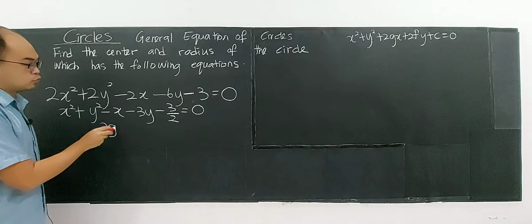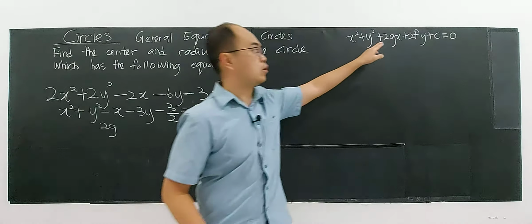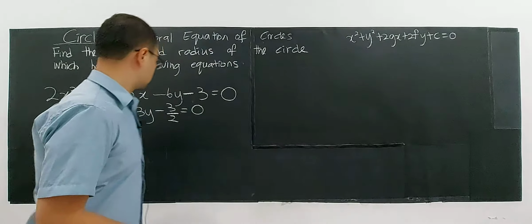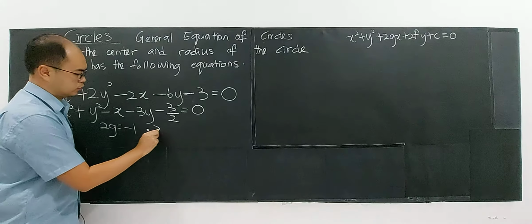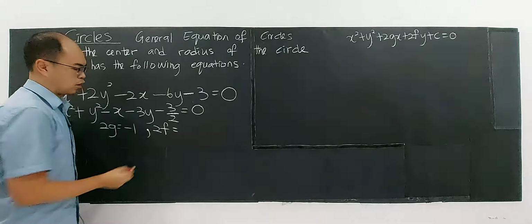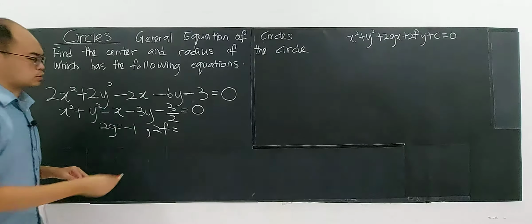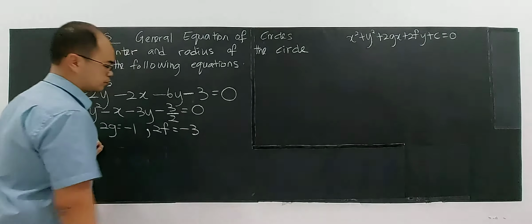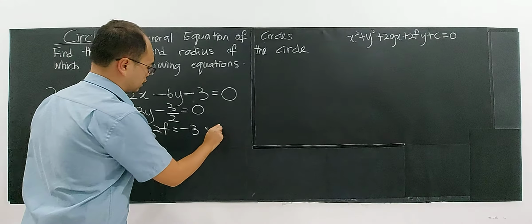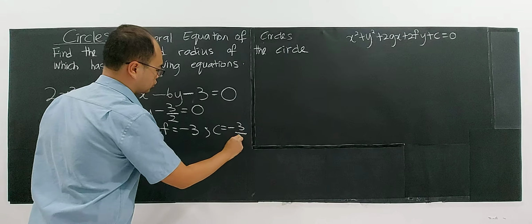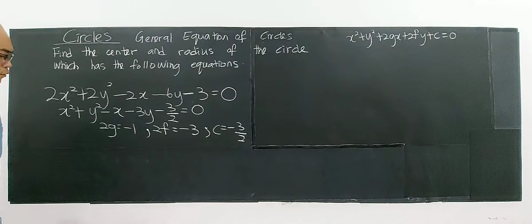The coefficient 2g is the coefficient of x, which is negative 1. And 2f is the coefficient of y, which is negative 3. The value of c here is negative 3 over 2.